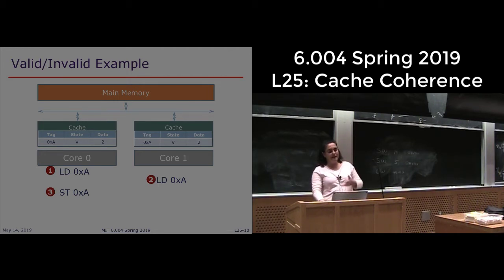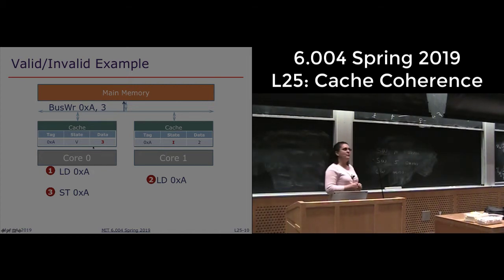We need to let the other caches know, and so we're going to issue a bus write to let the other cache know that it needs to invalidate its location. So this bus write is going to tell this core that it needs to change its state to invalid. It's also going to, at the same time, write the updated value to our main memory, and write the updated value to our cache as well.